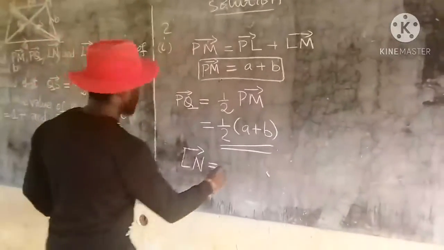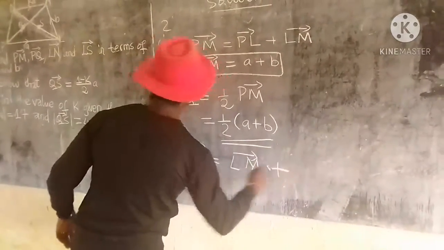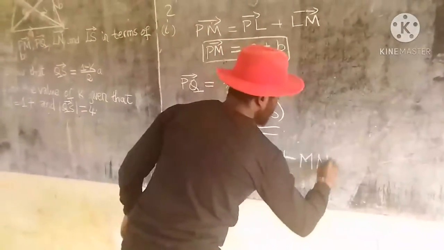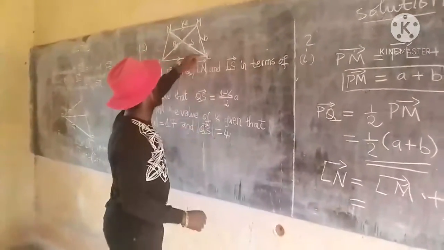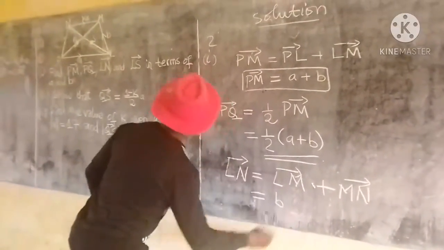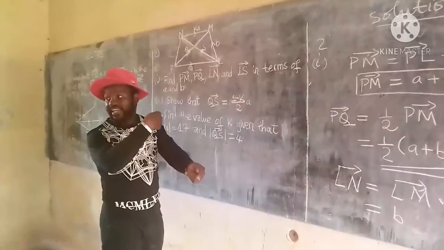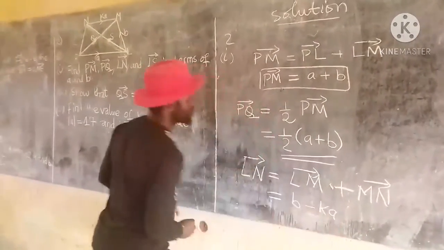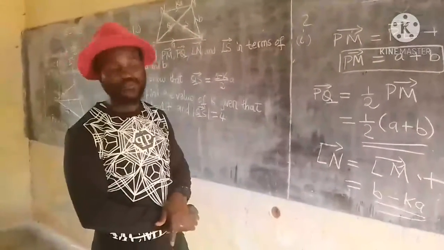If that is the case, we are going to have LM plus MN. This is equal to our LM is in the right direction, so we write small b. And MN is in the opposite direction, so we did what? Minus a. We have solved for what? LN. Is that okay? Yes.